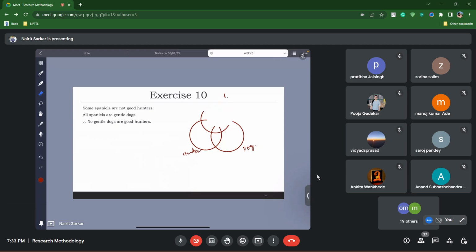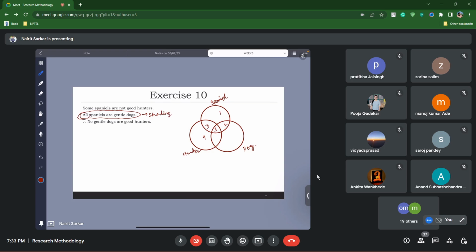One, two, three, 4, 5. Where? Sir, in 1 and 3. Are you sure? Yes, sir. See the second sentence. Here it is shading, right?